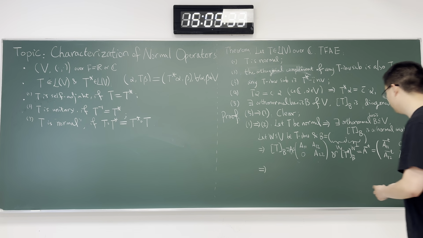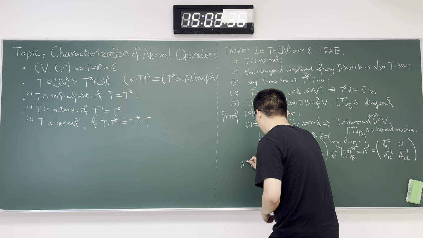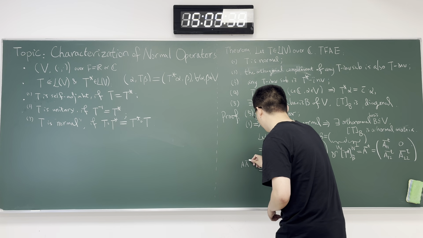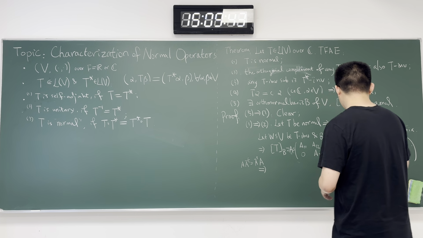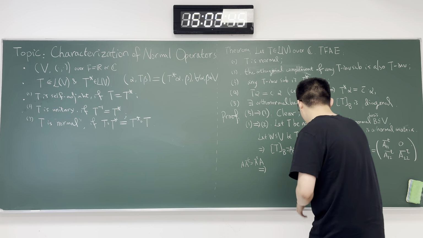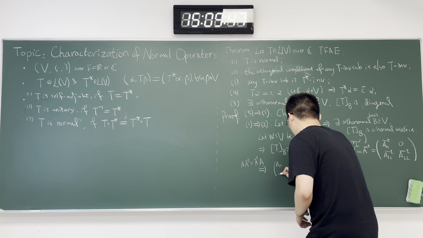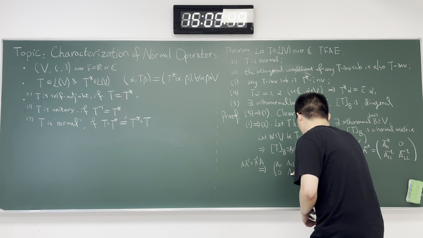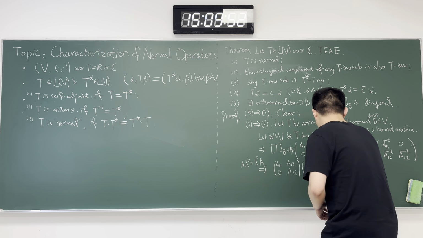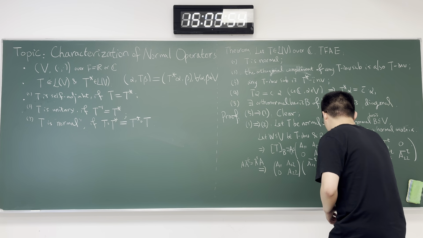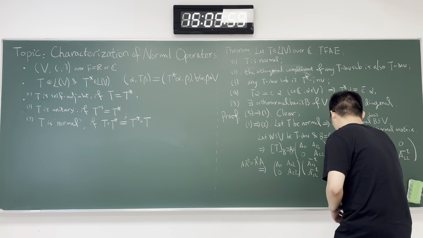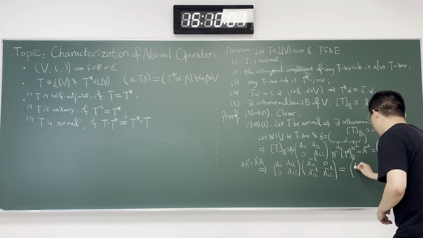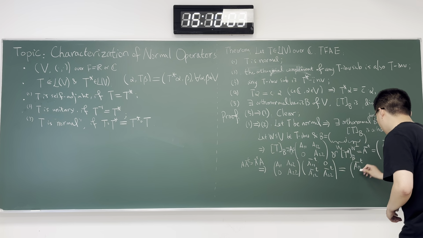Then we check the condition that A commutes with its conjugate transpose, since it's normal. So we directly compute the matrix. A11 times this one should equal A11 conjugate transpose.